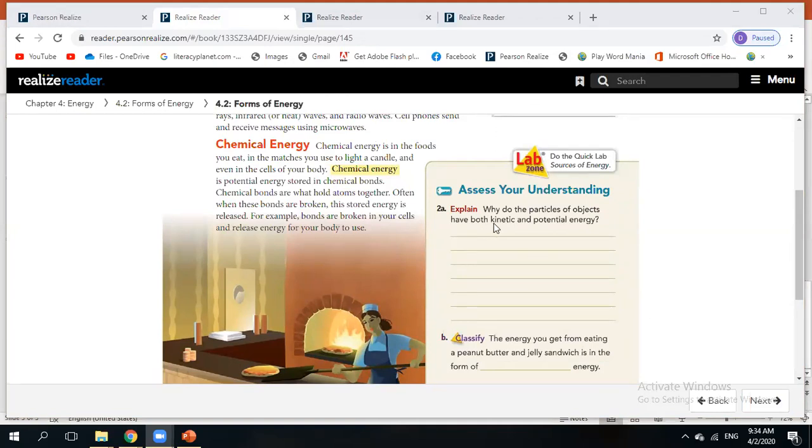Did you think about it? Why do the particles of objects have both kinetic energy and potential energy?